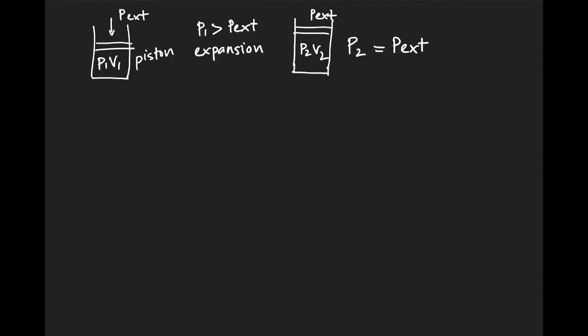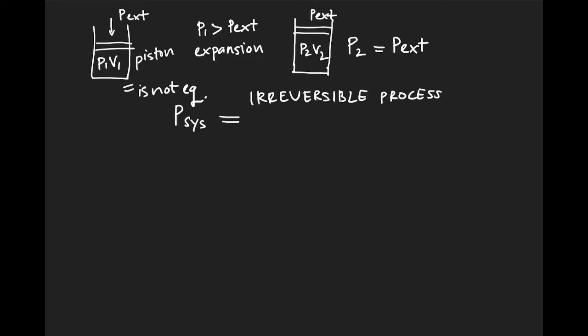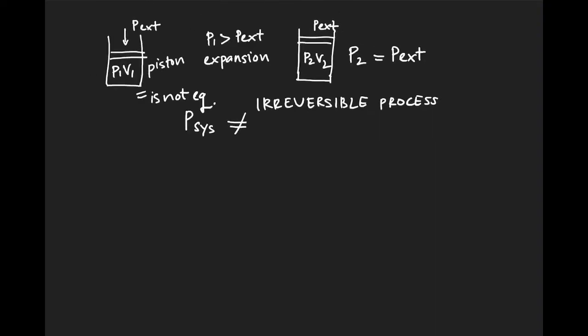Now in this case, in the beginning, the system is not in mechanical equilibrium. This is an irreversible process. At all conditions, the pressure of the gas in the system is not always in equilibrium with the pressure of the surroundings, or the external pressure.